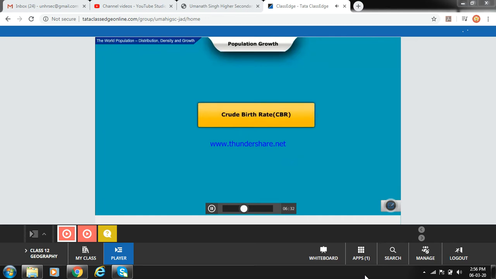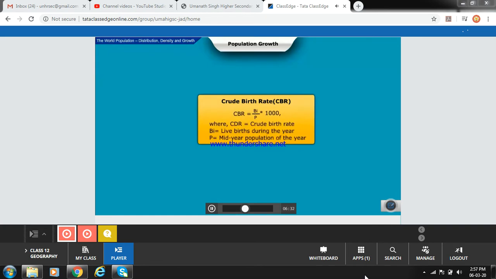Crude birth rate is the number of live births per 1,000 people per year. It is calculated as CBR equals BI by P into 1000, where CBR equals crude birth rate, BI equals live births during the year, P equals mid-year population of the year.